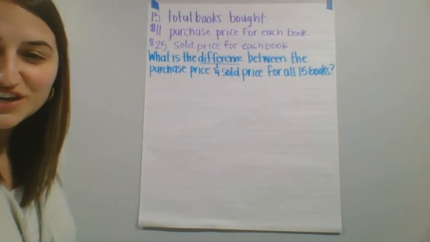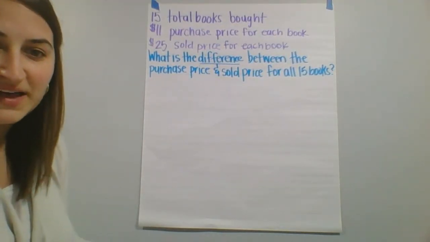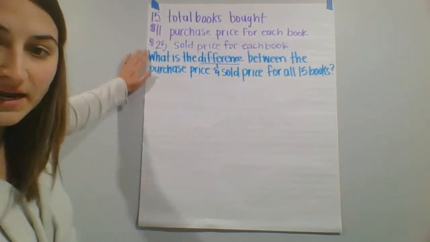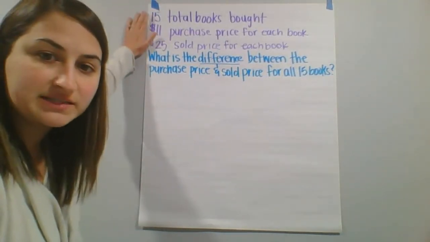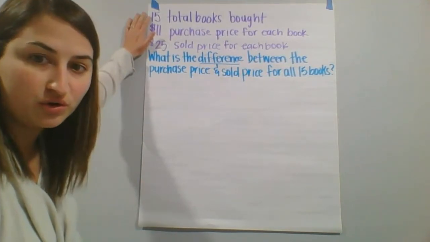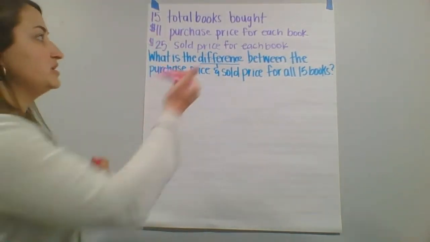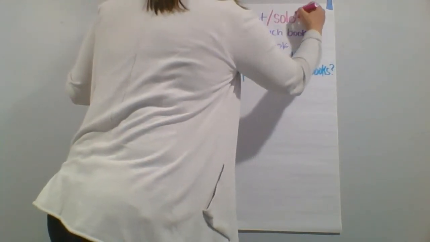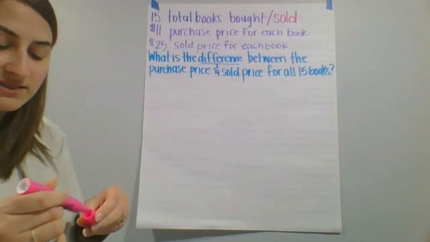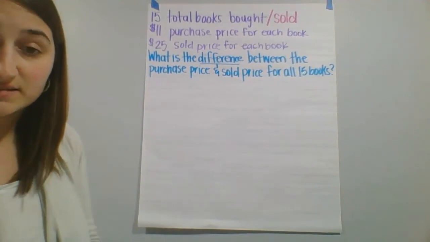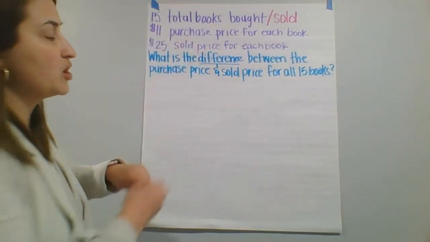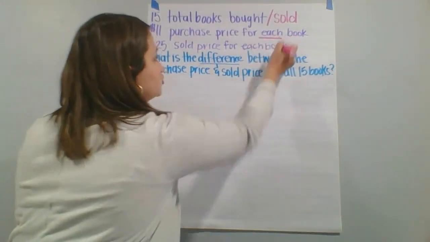All right, so you should have already solved this problem. So up on my paper, I have our three quantities, and I only listed 15 once because 15 just represents the total number of books. I'm actually going to put bought/sold, okay, because she buys these books, but she also sells the exact same 15 books. $11 is the purchase price for each book, and remember, each is super important.